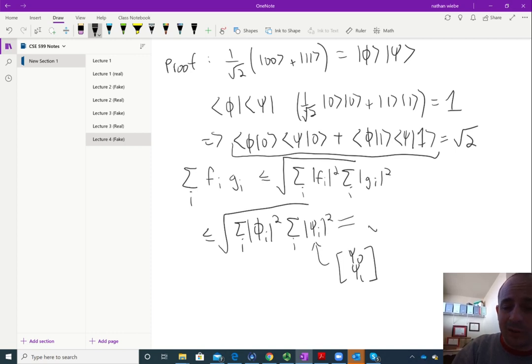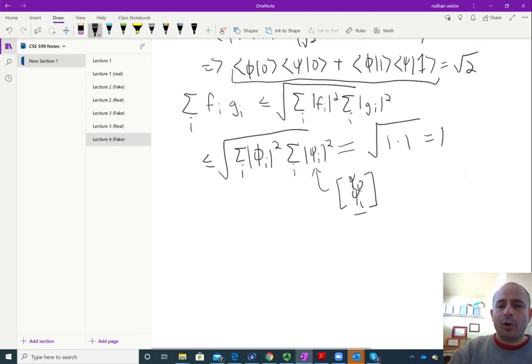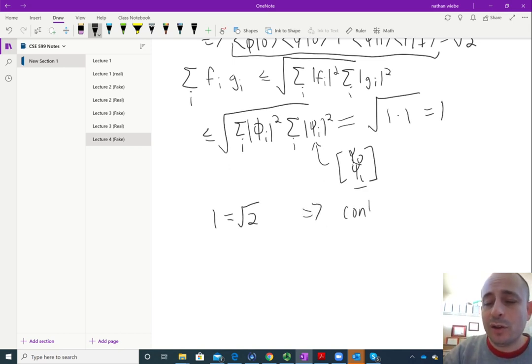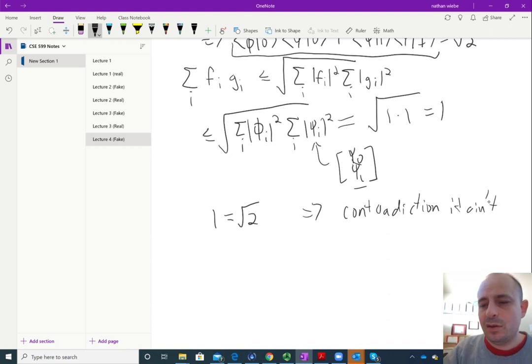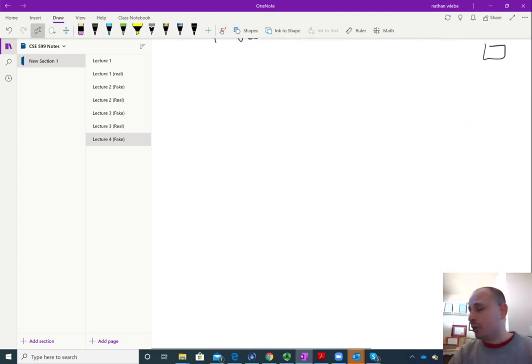But that is equal to 1 times 1, because the sum of the squares of these coefficients is always 1 by the definition of a quantum state. So that is equal to 1. Therefore, this is a product state if and only if 1 equals square root 2. And by contradiction, it ain't. Great. So that is an example of an entangled state.